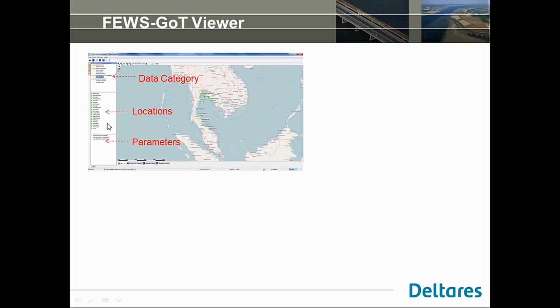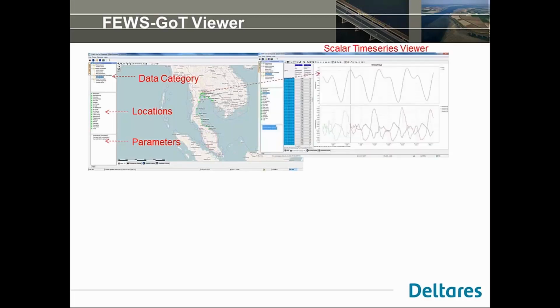And in the middle, you can see all the locations, which are 21 important locations along the coast of Thailand. And then down below, you can choose the parameters that have been computed by these platforms, for example, water level, significant wave heights, wave direction, etc. For example, this is the scalar time series visualized at the station of Chopaya.